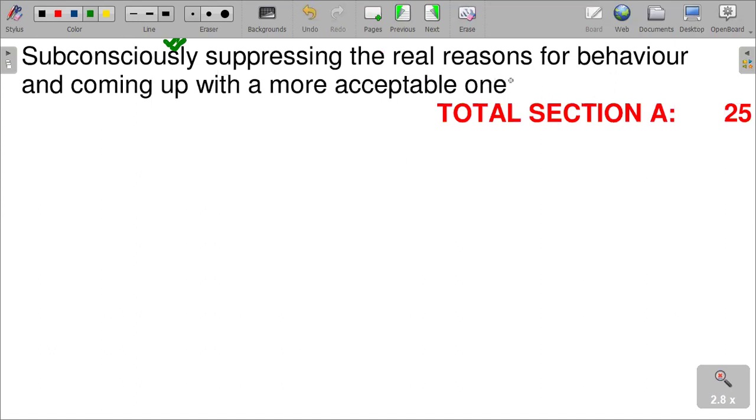These are various explanations of what rationalization is. It can happen subconsciously, suppressing the real reasons for behavior and coming up with a more acceptable one. Therefore, that is what we can say in terms of rationalization.